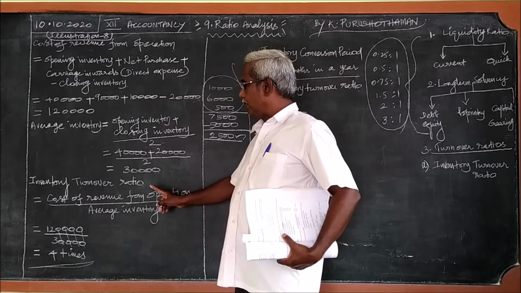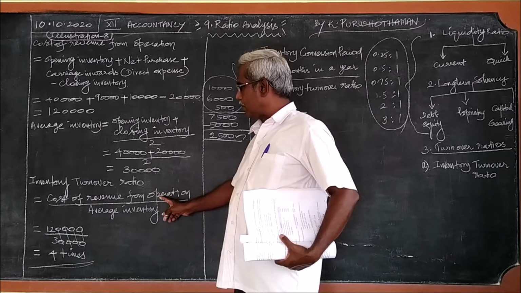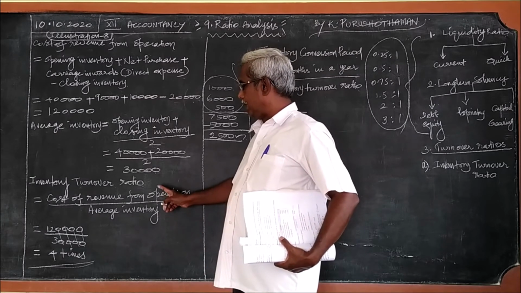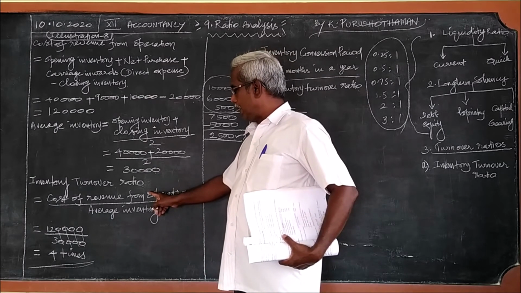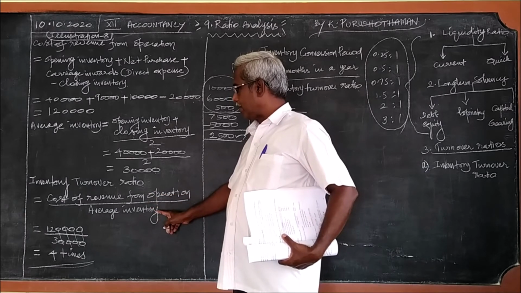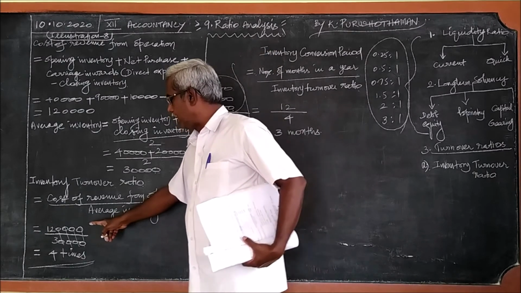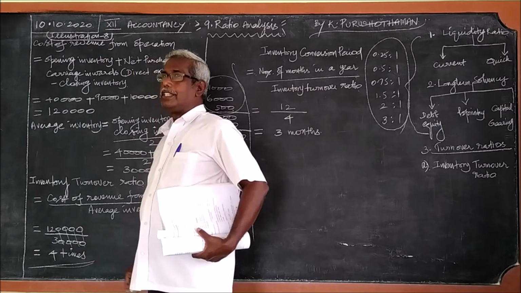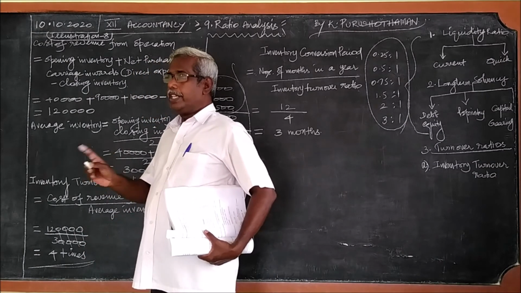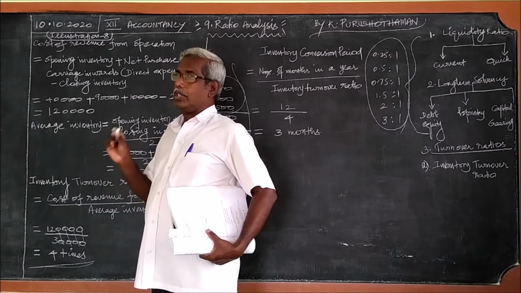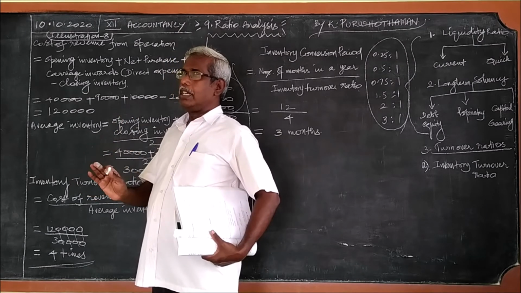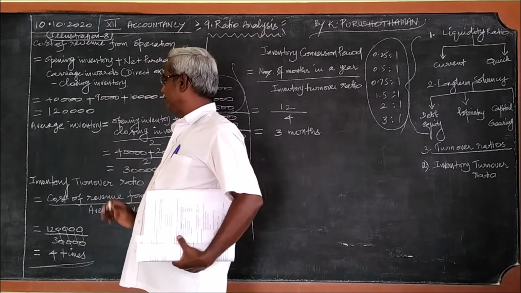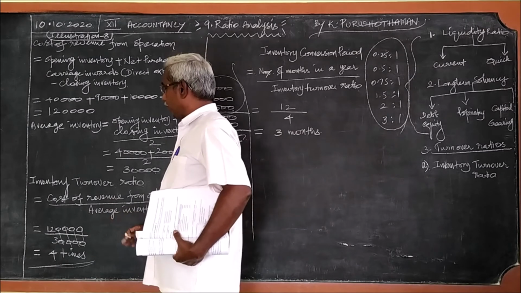Because we should find the answer for the numerator separately and for the denominator separately, then we can substitute the numerator answer here, denominator answer here. I have divided and written there, not in the form of ratio, but times, by actual division. We should remember this is an important point.